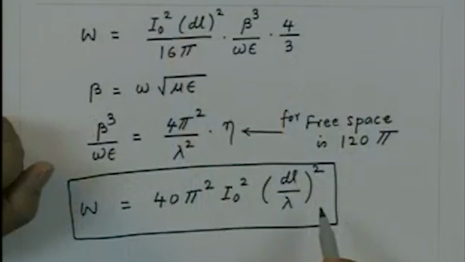Does that mean that by increasing the value of dl arbitrarily we can increase the power radiated? The answer is no. We can increase the value of dl, but we still have to maintain the nature of Hertz dipole. And what is Hertz dipole? The current along the Hertz dipole is uniform.